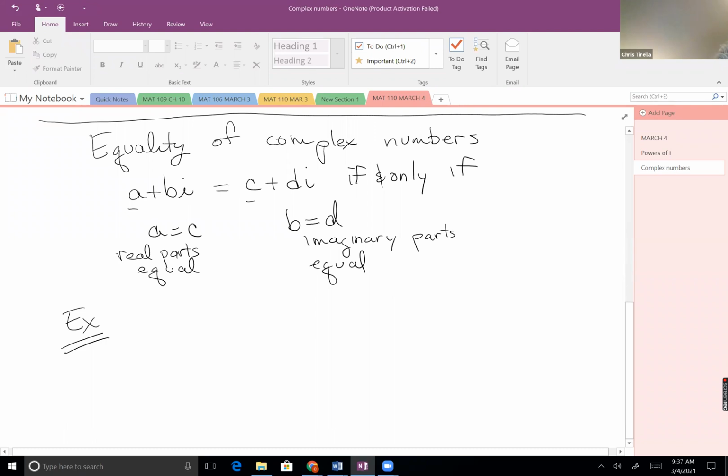So an example would be if I ask you to solve for both x and y, if 3 plus xi is equal to y minus 2i.